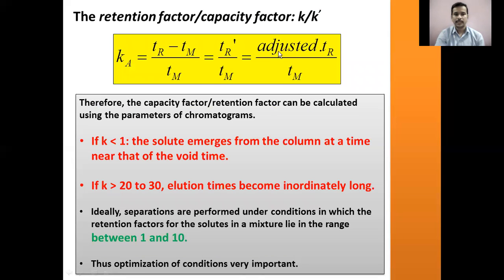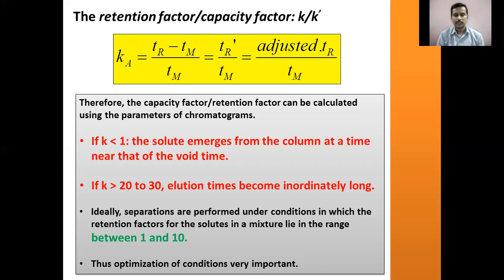This adjusted or corrected retention time is the time taken by the solute to stay in the stationary phase. How long the solute has stayed in the stationary phase, that is the adjusted retention time. The typical residence time of the solute in the stationary phase is known as adjusted retention time.